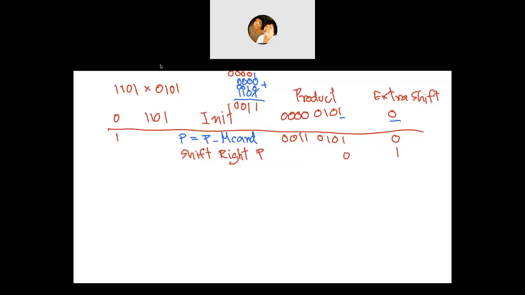And then 0, 1, 0, 1, 1, 0, 0. And because this bit is 0, we have to add 0 here. This is the first step, the first graph.